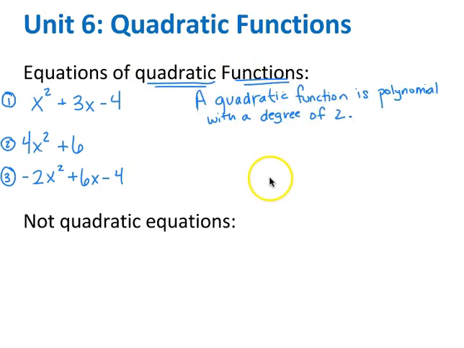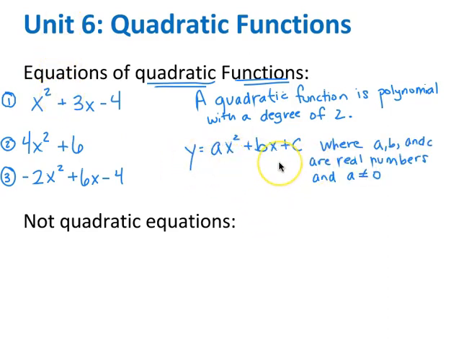A quadratic is just a polynomial with a degree of 2, meaning the highest exponent that you will see attached to any of your variables will be a 2, to the second power.